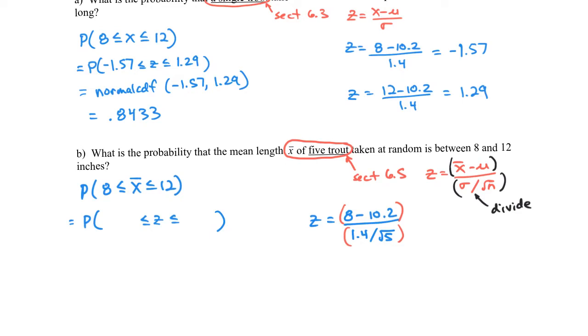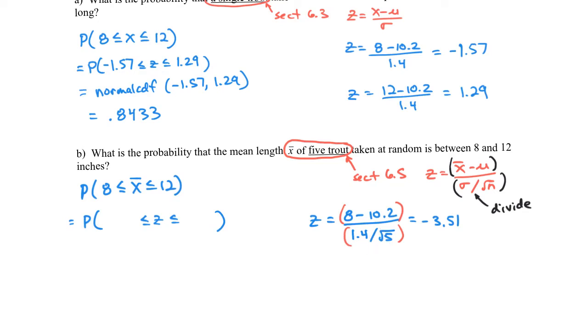So if everything went right, what we should get here is negative 3.51. So if you got something different, remember we need to subtract this, and if you put it in parentheses, it'll work out for sure. So we subtract this, and then down here, when we divide it, it's 1.4 divided by the square root of 5.